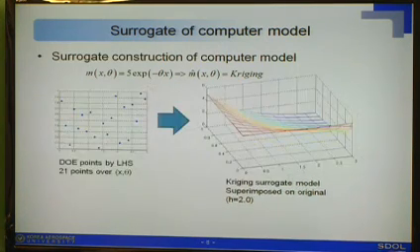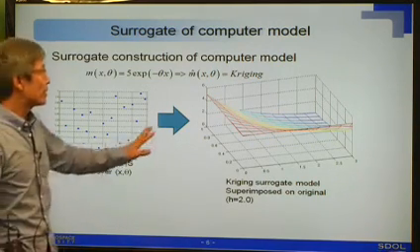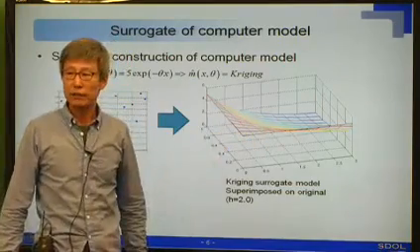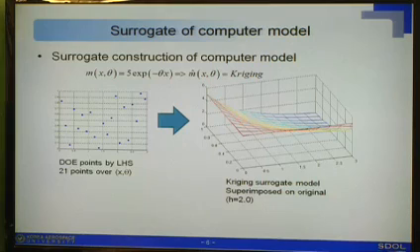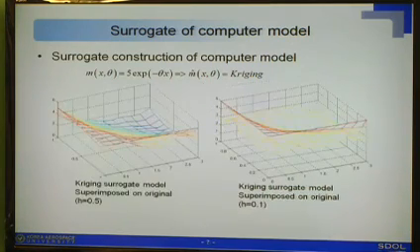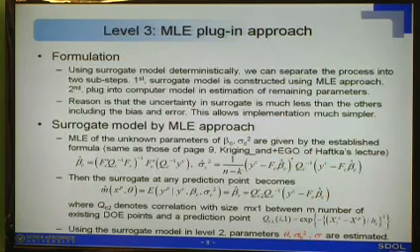So in this specific example, we will use this surrogate. And we have already finished the process of this. Level 3 is the approach where only the maximum likelihood estimation is used for the surrogate model.